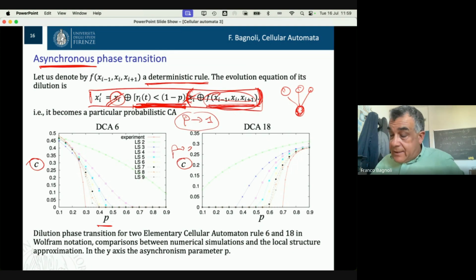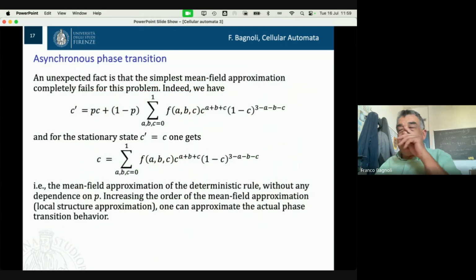And I just cite this, I'm passing, but there are some studies about this asynchronous phase transition. And what is interesting is that the simplest mean field approximation completely fails.